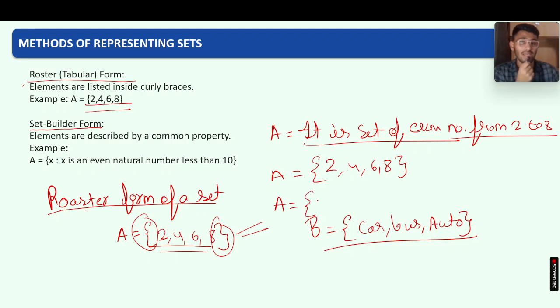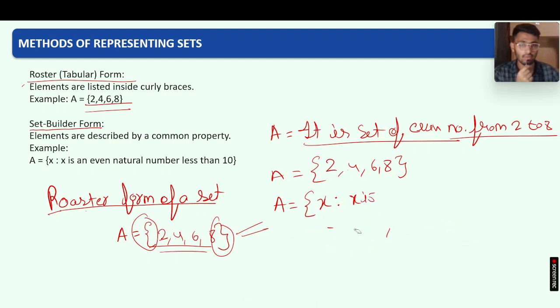X is an element of the set A, denoted by X, and you can say X is an even number such that X is greater than or equal to 2 and less than or equal to 8.